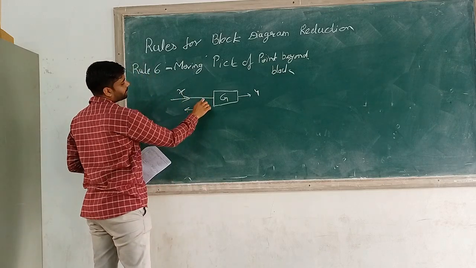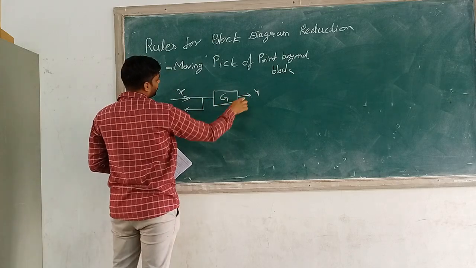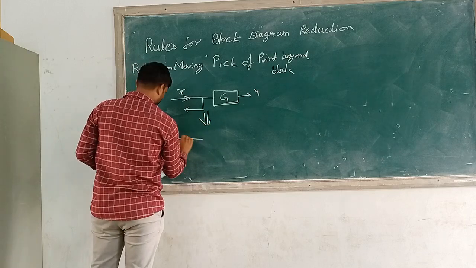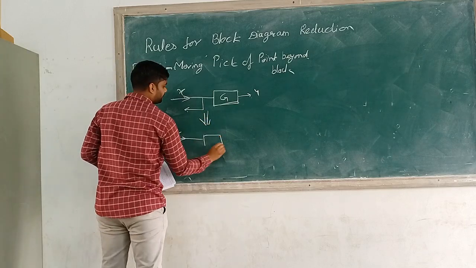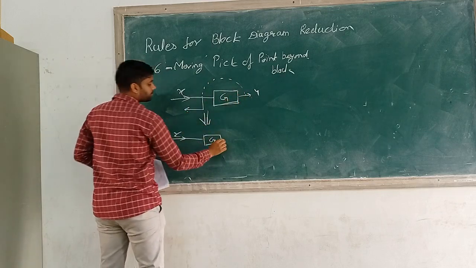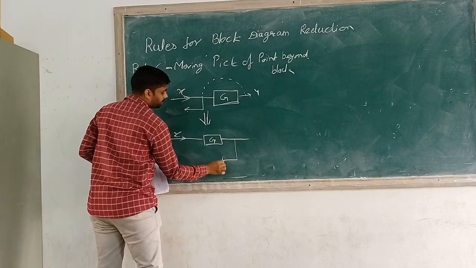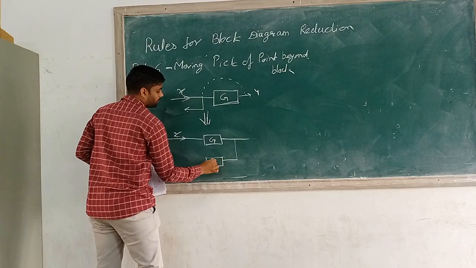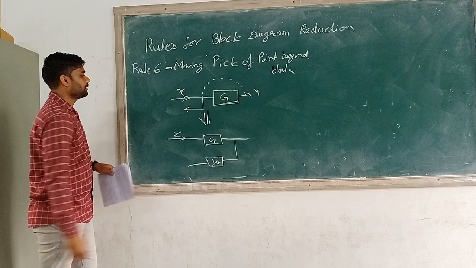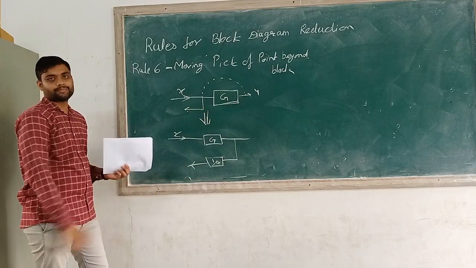Now we move the pick off point beyond the block, meaning after this block we need to move this pick off point. So how will it be reduced? It will be reduced like this. This is X, this is G. Now we are going to shift this pick off point beyond the block. If we shift it beyond the block, then we need to add a function 1 upon G to this pick off line.